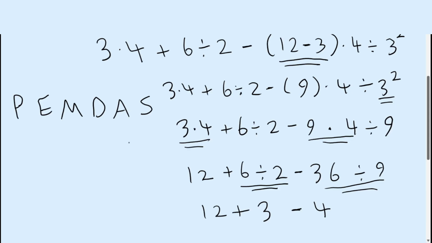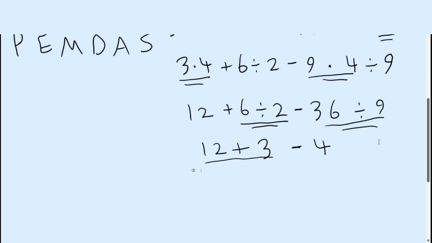And what's next is A. So A stands for addition. So we have one addition right here, 12 plus 3. That gives us 15. So 15 minus 4. And now we have the last letter, S, which stands for subtraction.